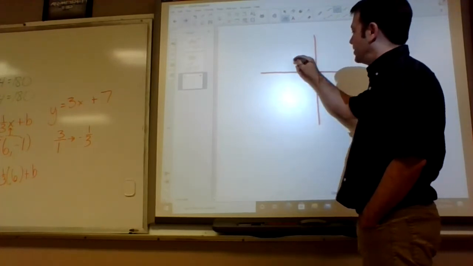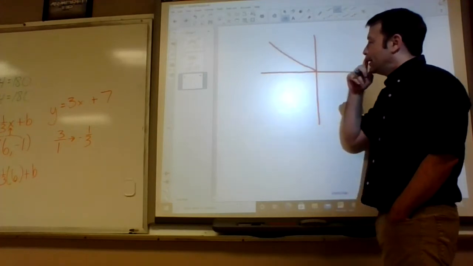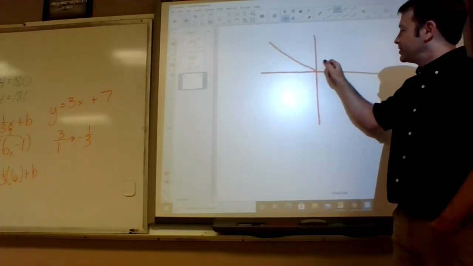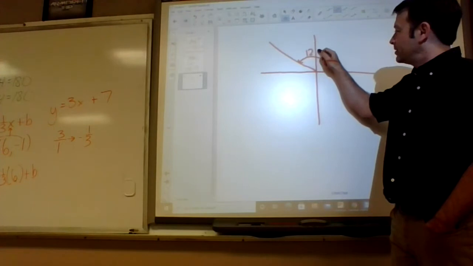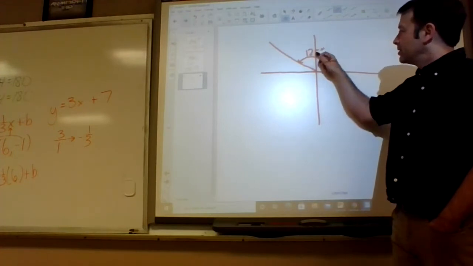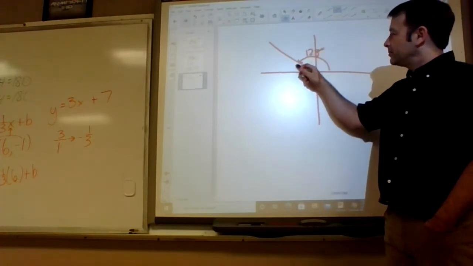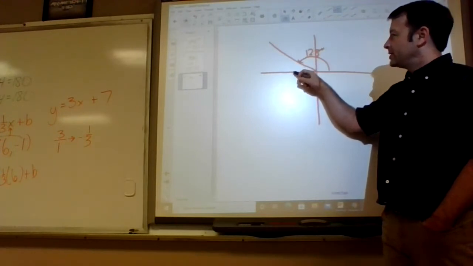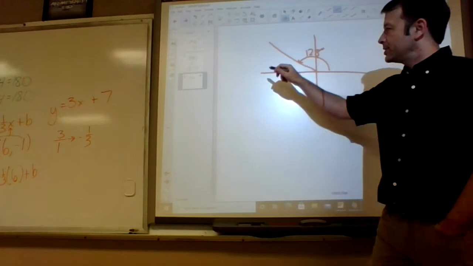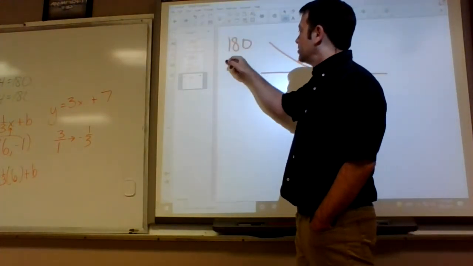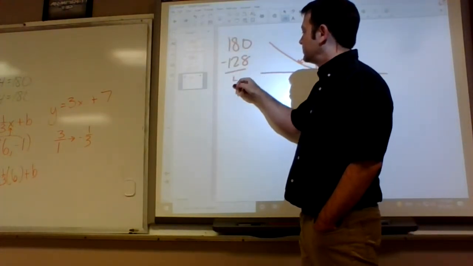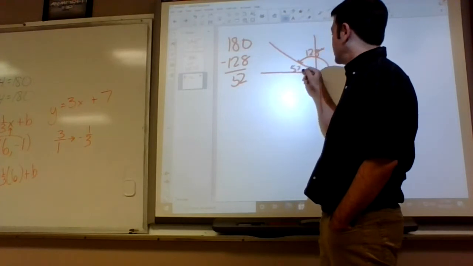You don't have to have a perfect picture. But basically, if this is 128 right here, the reference angle is going to be this thing right here. It's the difference between 180 and 128, which is 52. So the reference angle is 52.